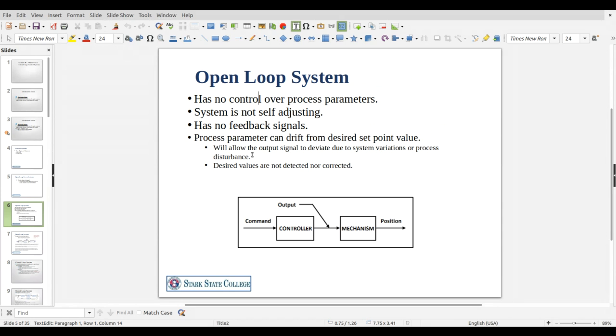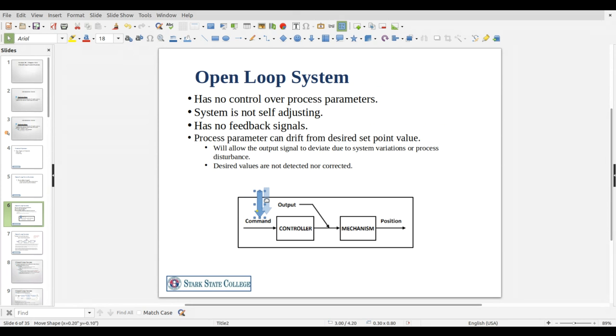An example of this: a lot of times with control systems, we use block diagrams to show the different parts of the system. So for this open loop system, we want to push the system.